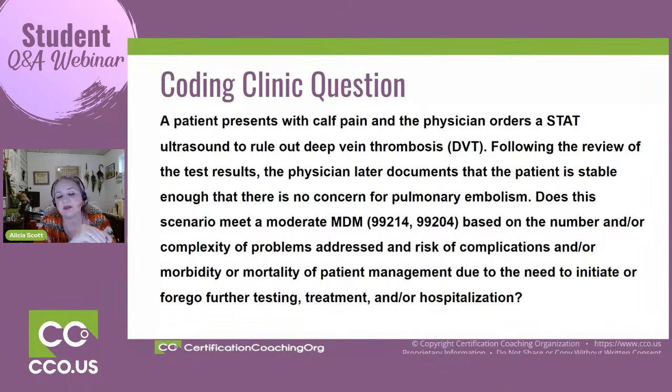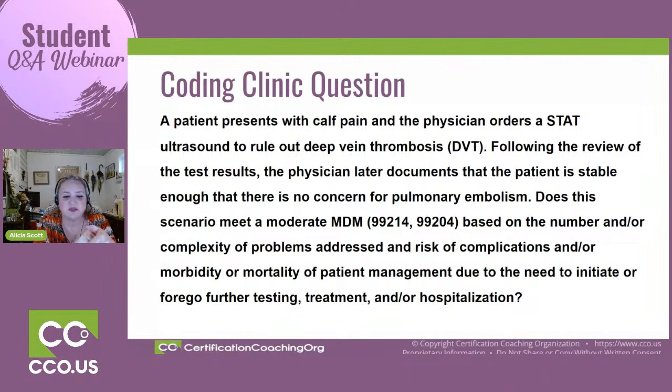So we're going to look at a couple of these that are applicable to these specific E&Ms, and you can go back and reference them as you need to in the CCO student area and the club. The first question that was proposed to Coding Clinic is: a patient presents with calf pain, and the physician orders a stat ultrasound to rule out a DVT.